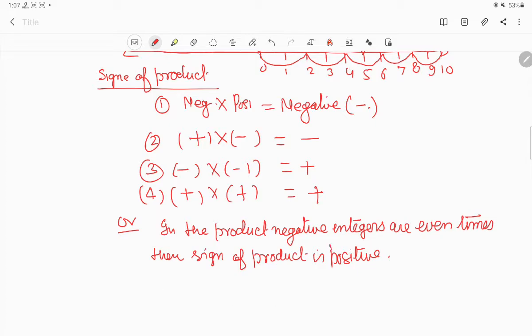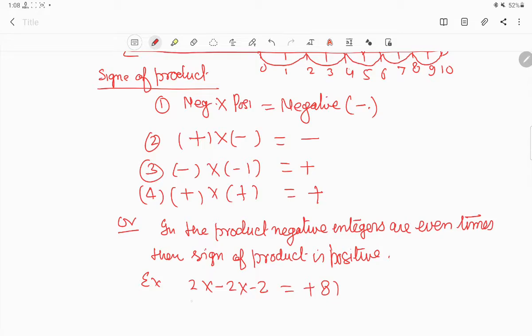For example, if 2 into minus 2 into minus 2, the sign of the product is plus, no need to write plus, here it is 8.